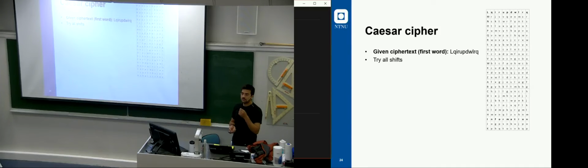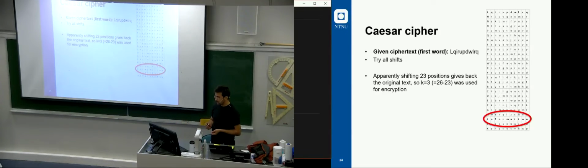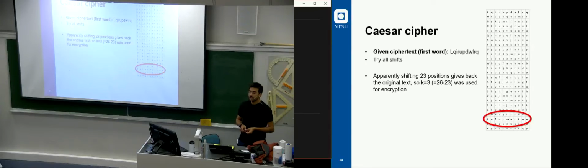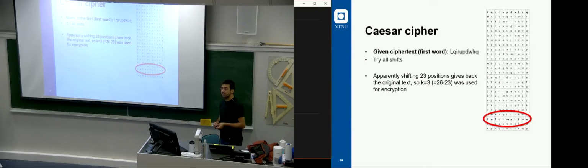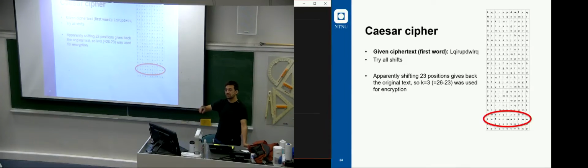If we see this grid now, there are some junk words we don't know, but there is something that we know probably, that is the information. And where did I get the information? Exactly after 23 shifts, or I can say in reverse, it is only 3 shifts.